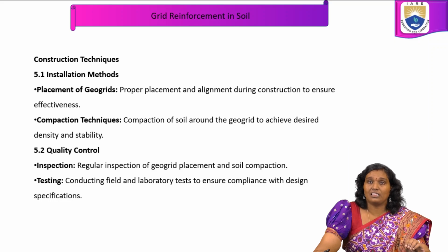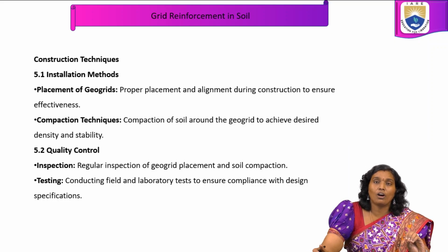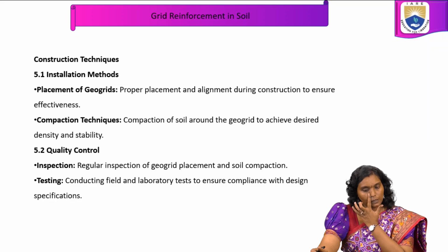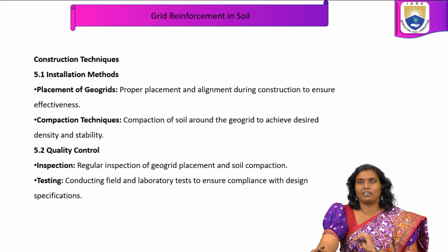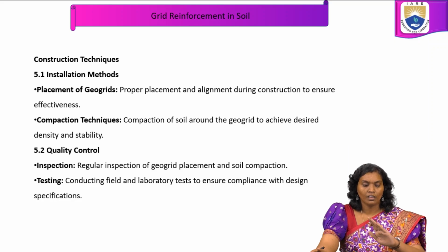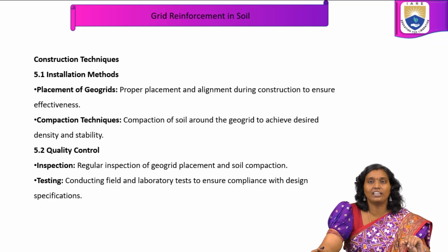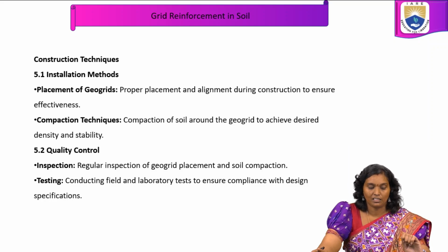Construction techniques: in the installation methods, there are placement of geogrids and compaction techniques. Proper placement and alignment during construction ensure effectiveness. In compaction, the soil around the geogrid is compacted to achieve the desired density and stability.